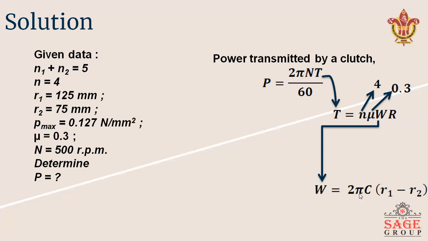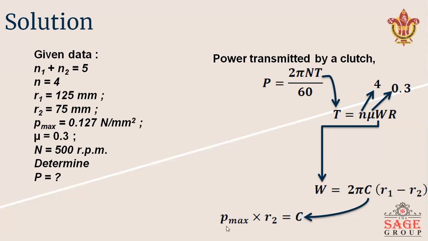First of all, we have to calculate the value of C, so that we can easily calculate the value of W. So C is equal to P max into R2, that means maximum pressure into minimum radius. Here you can see that in case of the uniform wear theory, there is maximum pressure at inner radius and minimum pressure at outer radius.